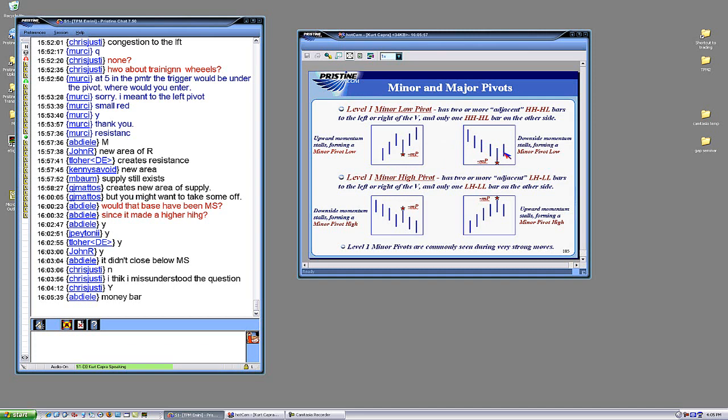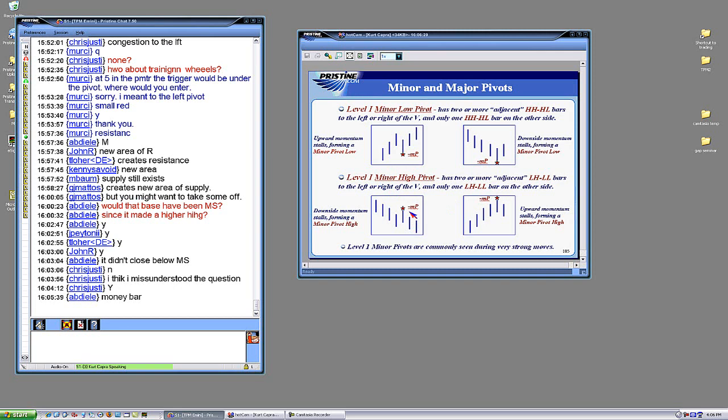Now it's got 1 higher high, higher low bar on the right. Right? Now, level 1 minor pivot highs: 2 or more adjacent lower high, lower low bars to the left or right, and only 1 to the other side.